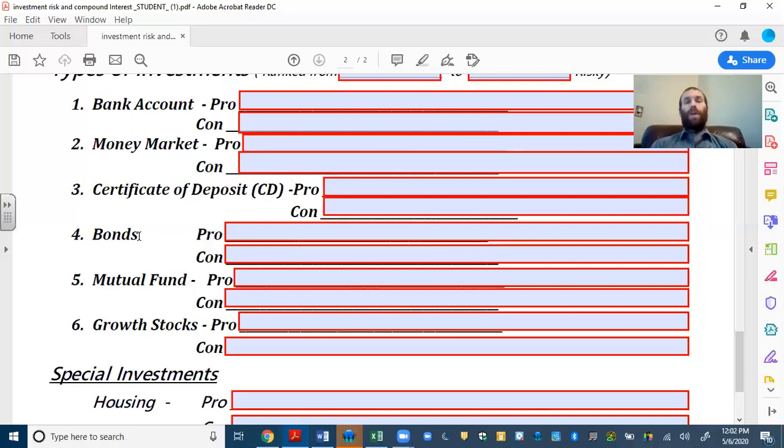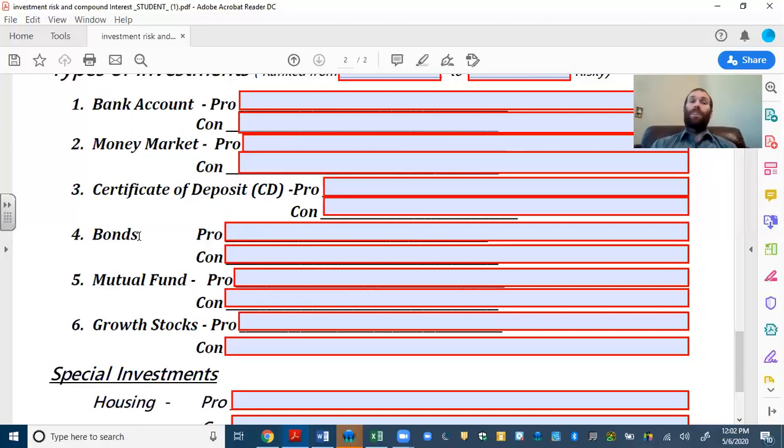But for treasury bonds, a big pro is risk. U.S. Treasury has never defaulted on a single payment in its entire history. That's pretty safe. So 230 years of perfect credit. Ooh, 239 years. Okay, so bonds are really good in that aspect.